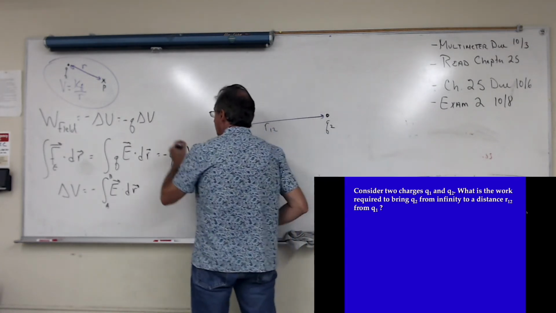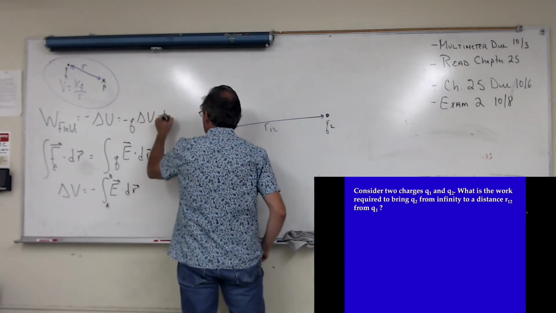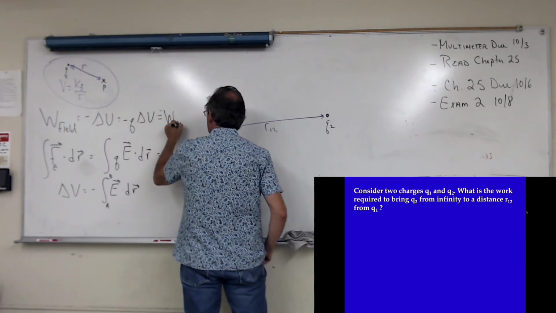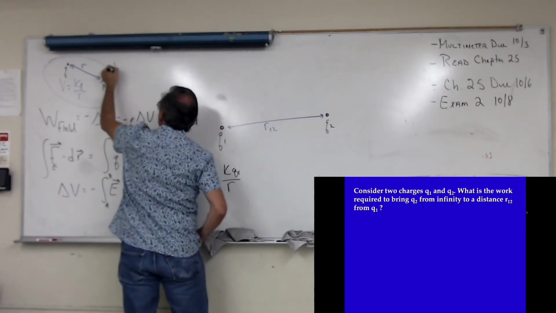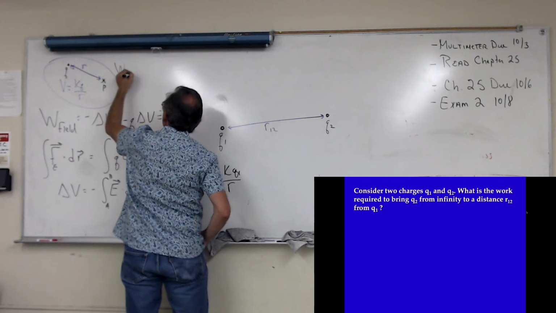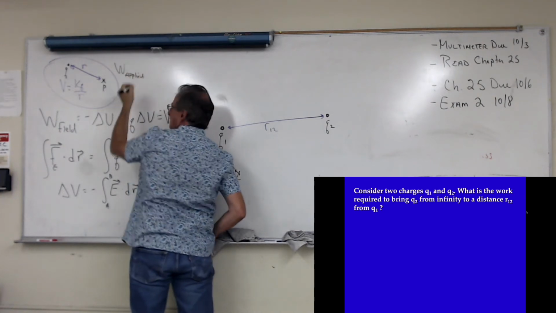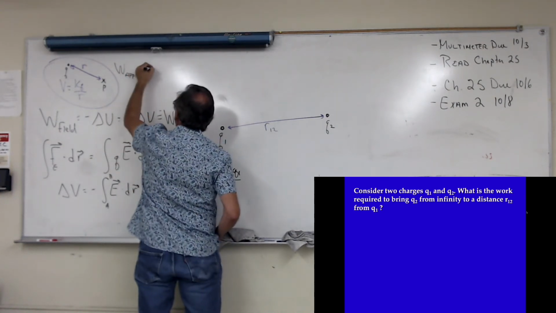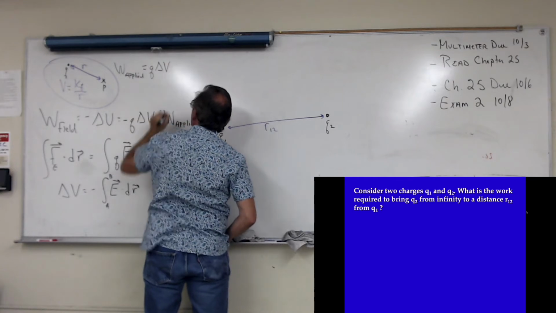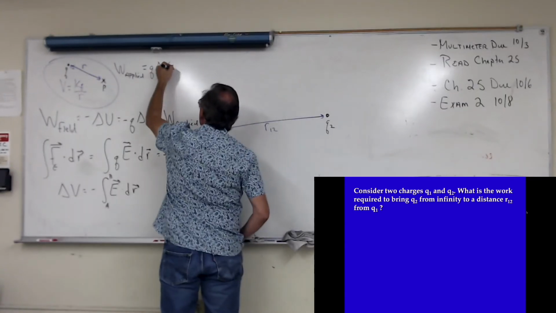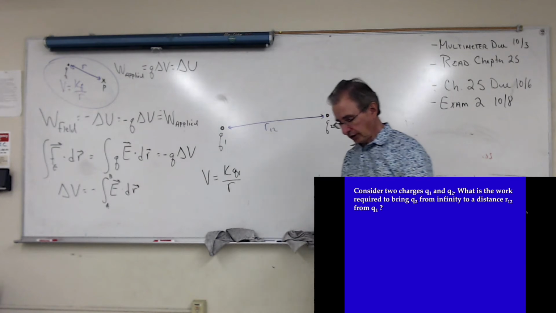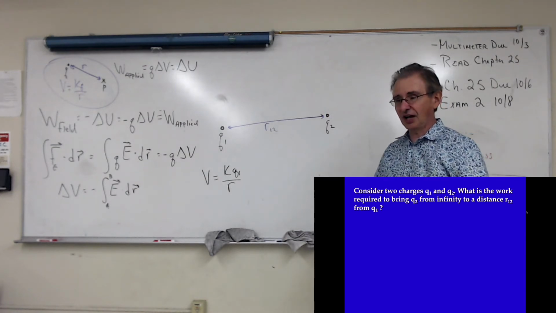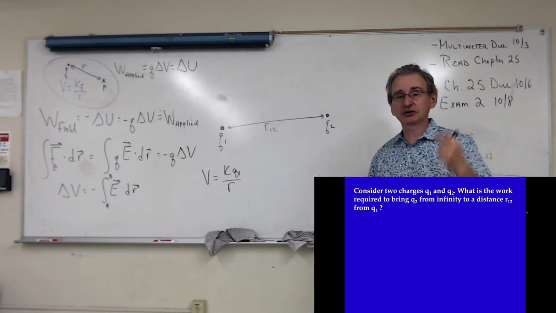And I wrote this equation before. The work done by the applied force, or the external force, is Q delta V. The work that the external force does to assemble this goes into storing energy.